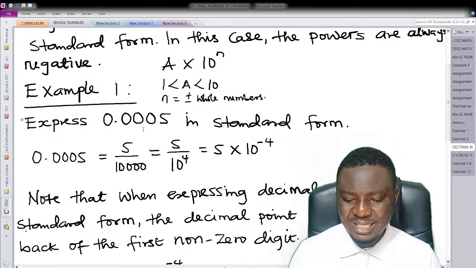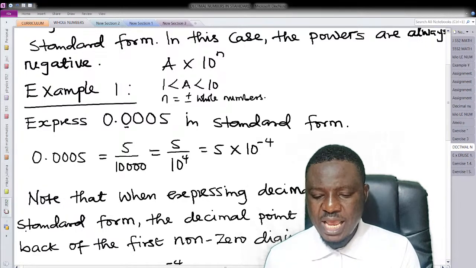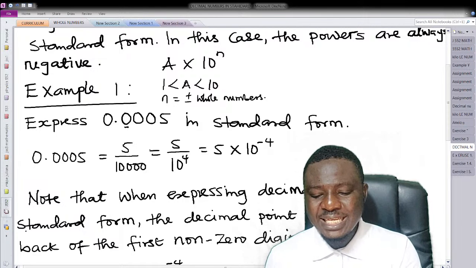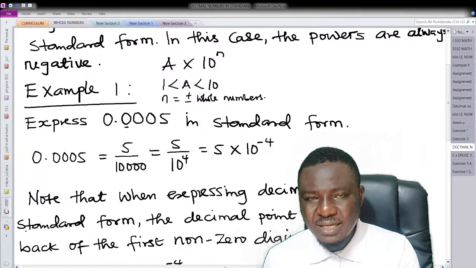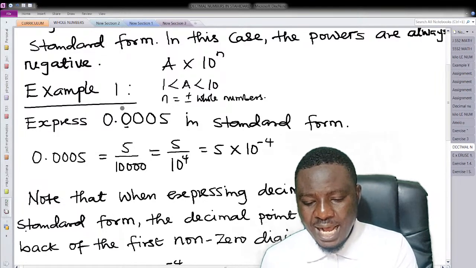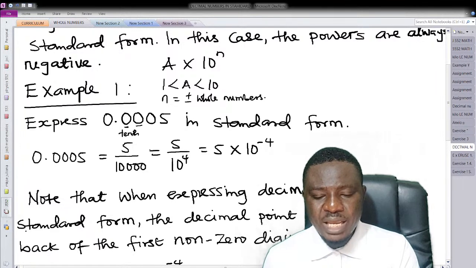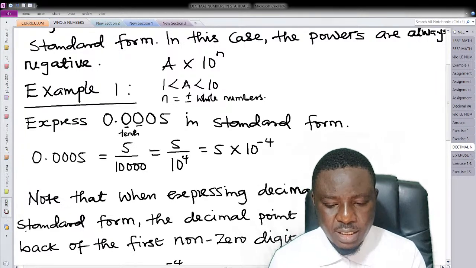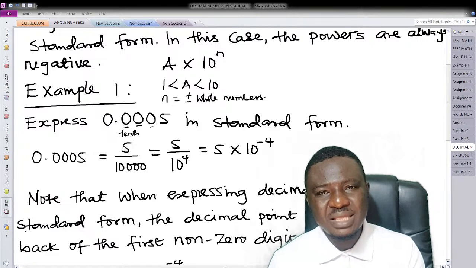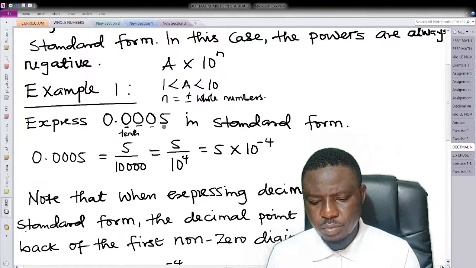In terms of place value, the first digit away from the decimal point towards your right occupies the tenths position, the second place value is the hundredths, the third place value is the thousandths, while the fourth place value is the ten-thousandths.